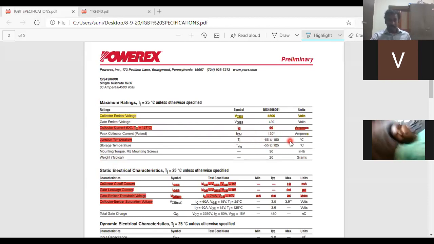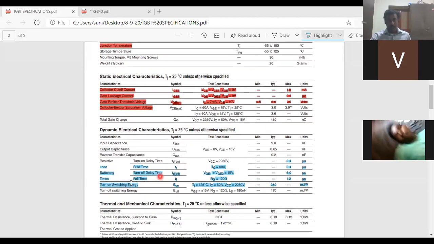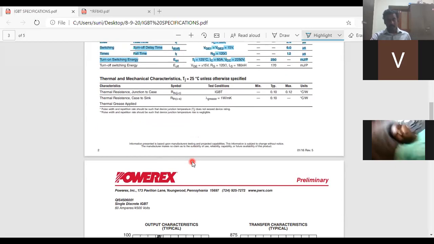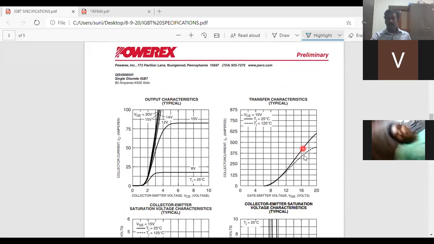Next, we consider the switching time characteristics. The rise time, delay time, and fall time are all in microseconds, like 2.4 microseconds, 6.0 microseconds. This states that the device has high switching speed. The transfer characteristics and output characteristics are defined for different voltages, such as 8 volts, 10 volts, 12 volts, 14 volts, 20 volts.